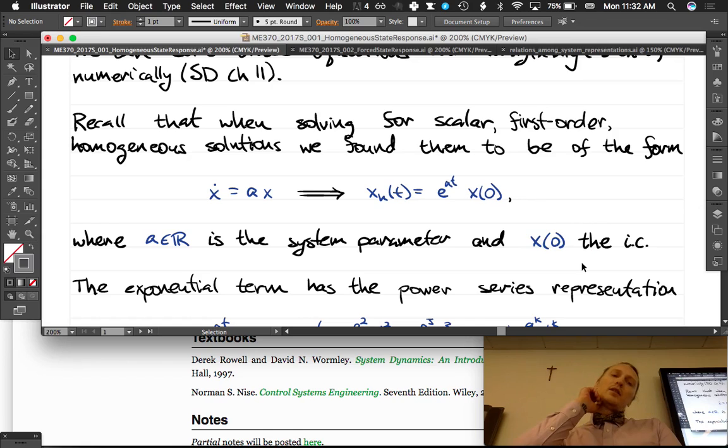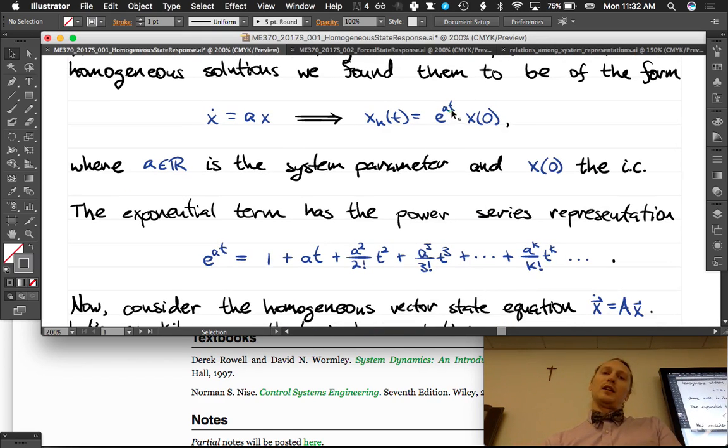So the exponential term, e to the at, has this power series representation. Okay? In one of your calculus classes, Calc 3, you guys learned about power series expansions. So your power series expansion of e to the at, this is actually the definition of the exponential, is this.